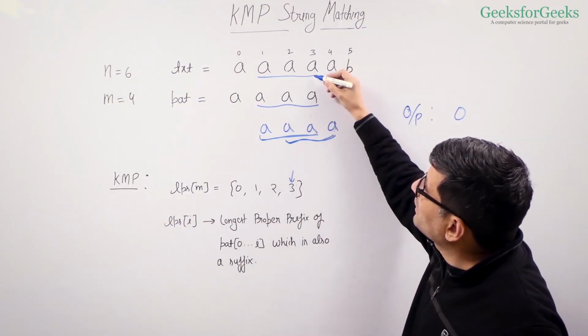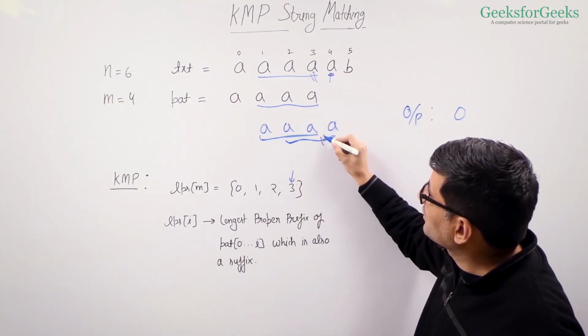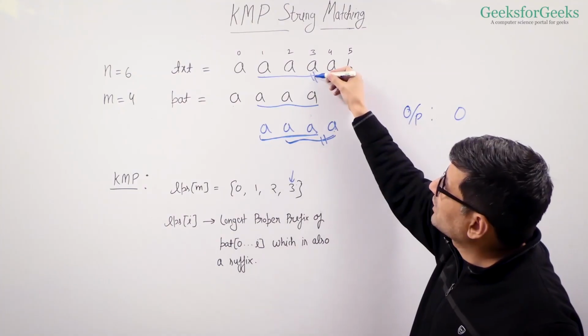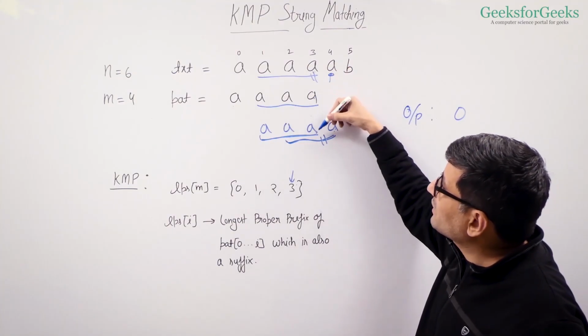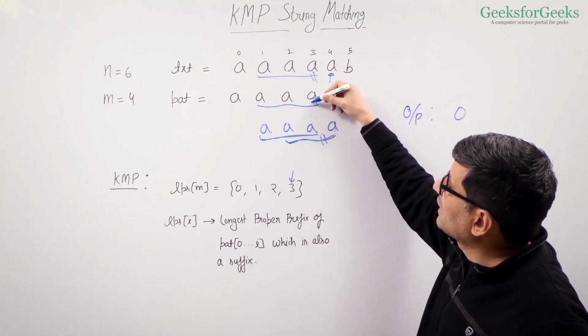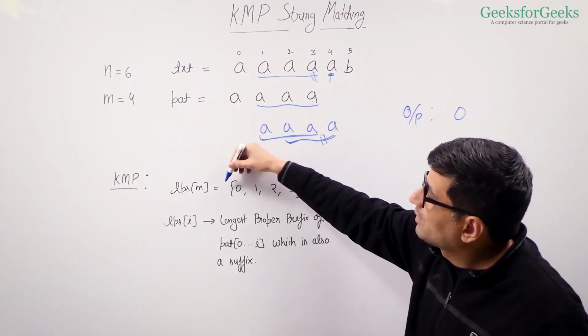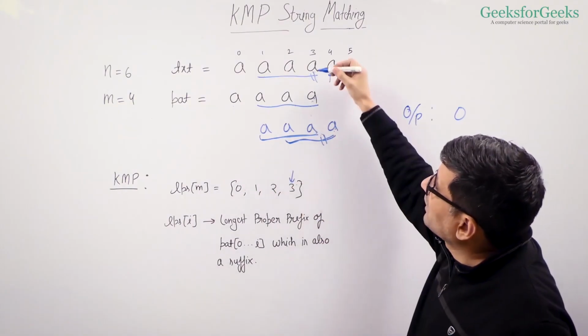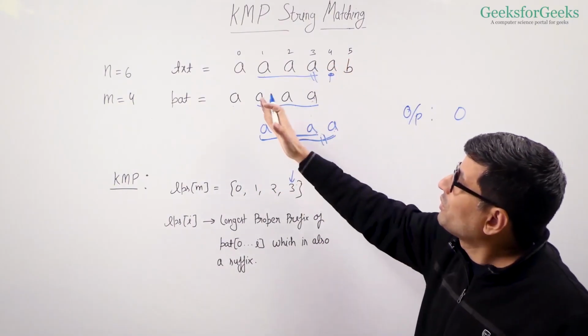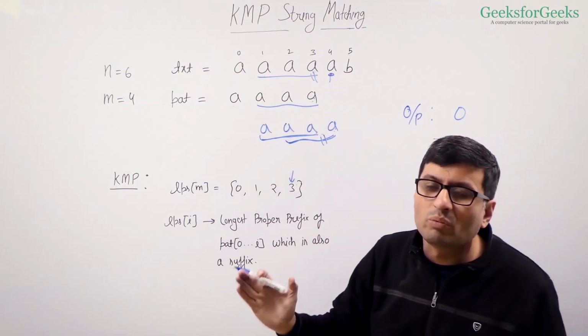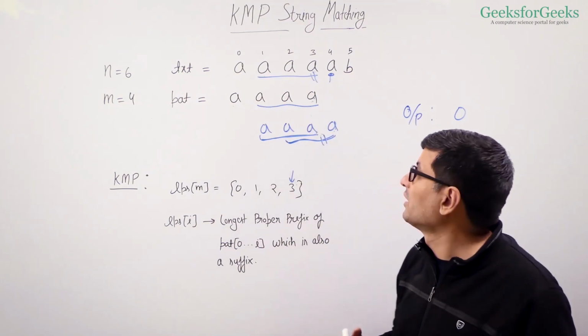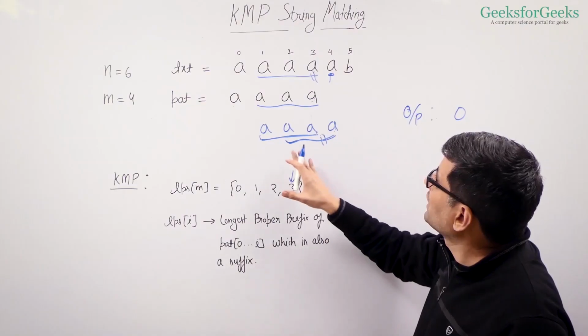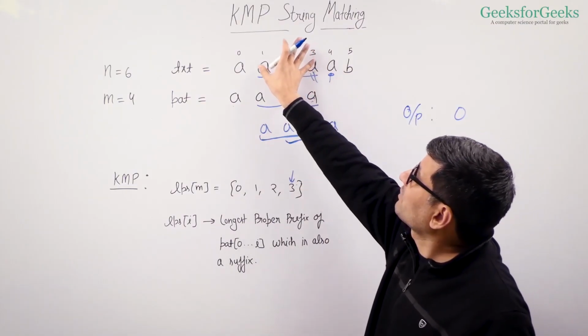Which means they are going to be same as these 3 characters. That they are same as these is told to us by the LPS array, and that they are same as these we figured out because we were running the KMP loop and matching the characters one by one. So that is how we skip matching these 3 characters with these 3 characters.